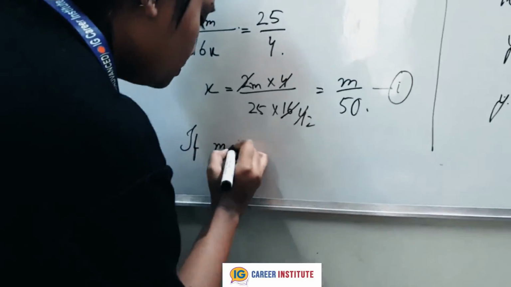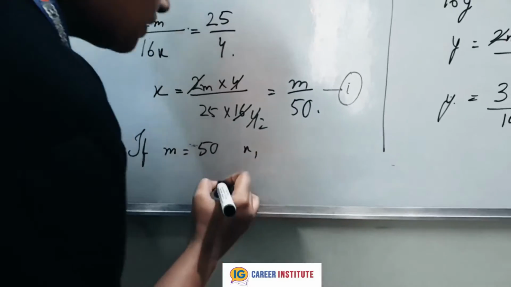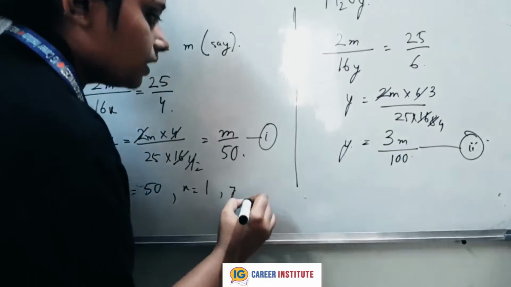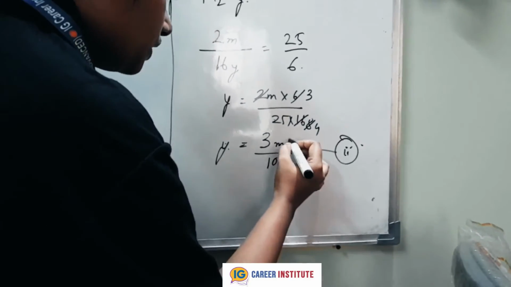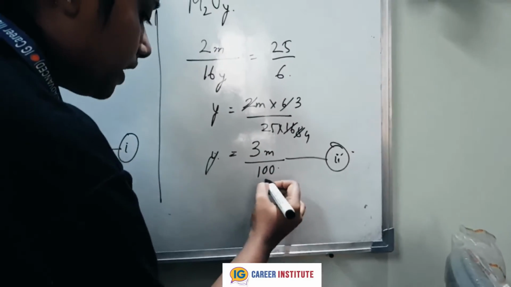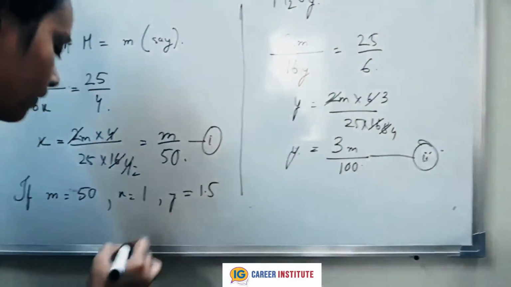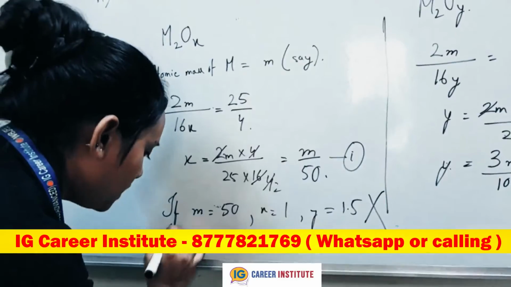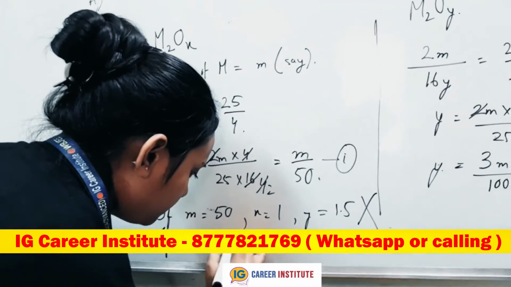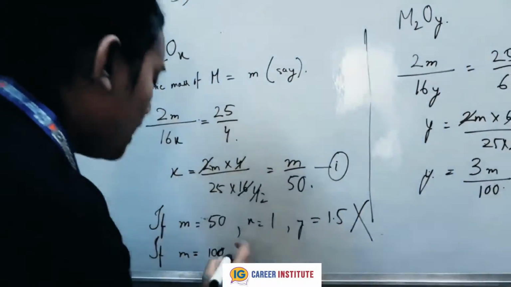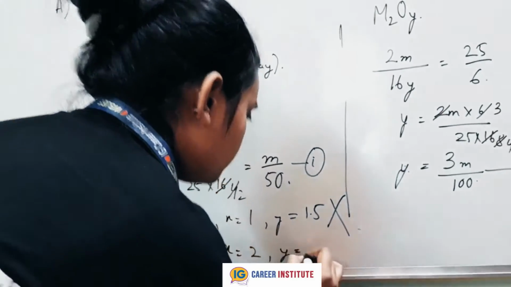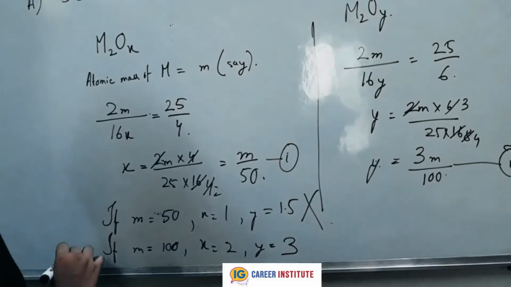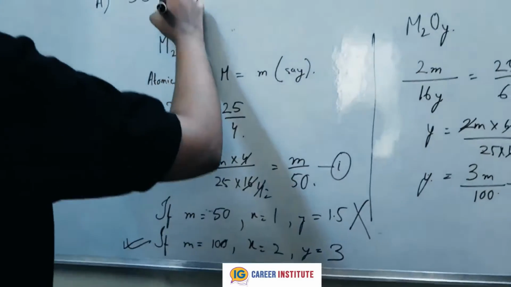If I consider m to be 50, then x is coming out as 1, whereas y comes out as 50 by 100 into 3, so 1.5, which is not possible because valency cannot be fractional. Next, if m equals 100, then x will come out as 2 and y will come out as 3. Now positive integers are coming, so the minimum atomic mass should be 100. So the correct option is B.